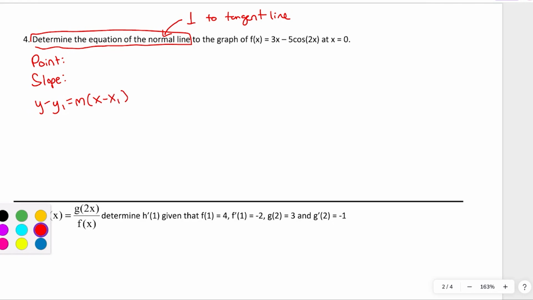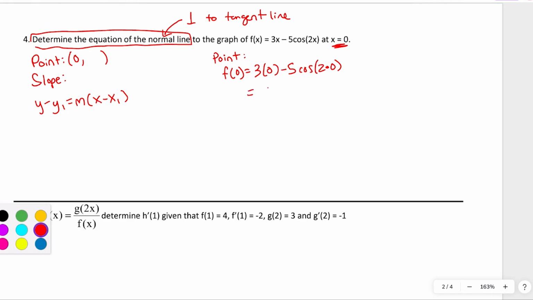So let's start with the point. To find the point, we're going to substitute in the x value that we're interested in, which is 0. So we know this is going to be 0 comma something. And we're going to plug that into the original function. So we want to find what is f of 0. And that's going to be 3 times 0 minus 5 times cosine of 2 times 0.